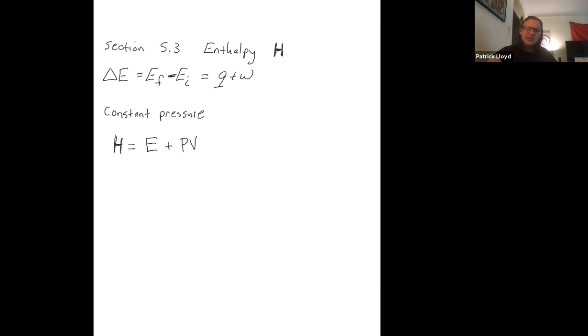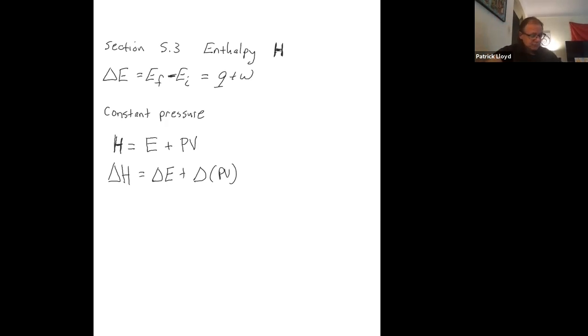Now, just like internal energy, we're generally not concerned about the amount of energy something has. We're concerned about how much comes in or goes out. So I'm going to define the change in enthalpy, delta H, as being the sum of the changes of both of these terms, plus delta, I'll put this in parentheses, delta PV. But normally we're going to look at problems where the pressure is constant.